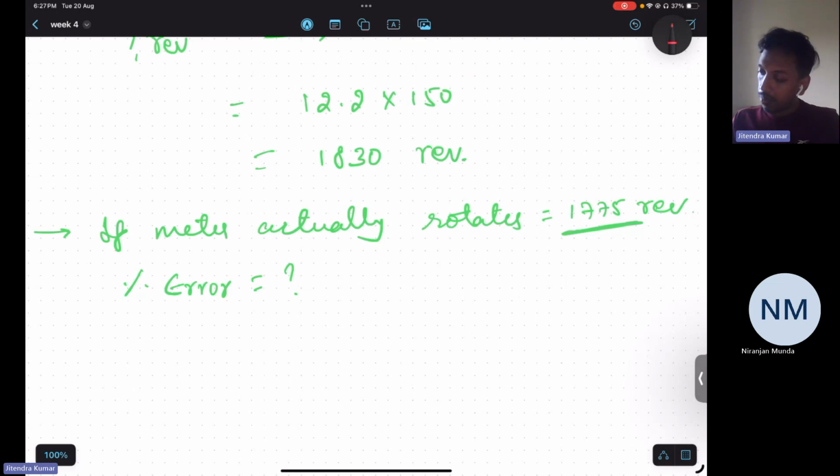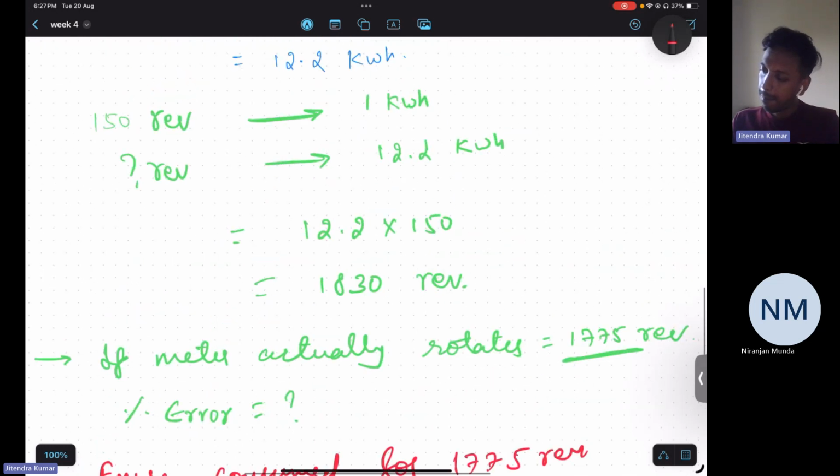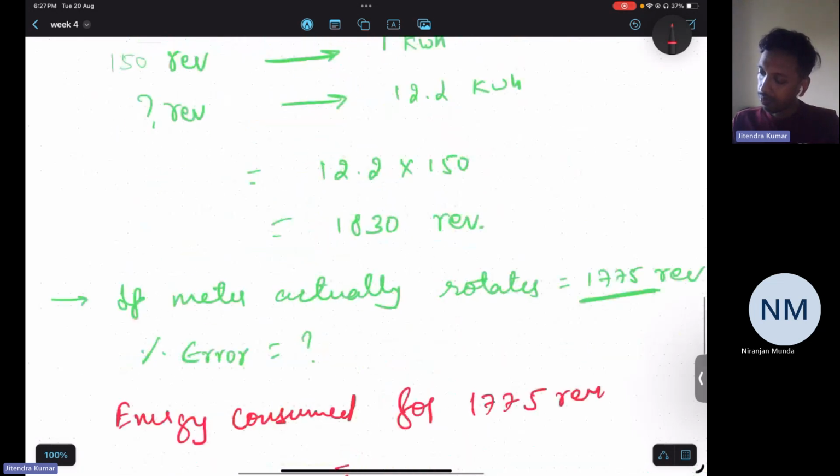So energy consumed for 75 revolutions is how much? 150 per kilowatt hour.